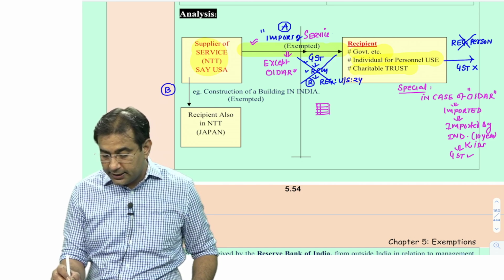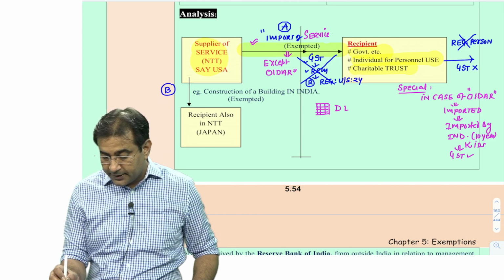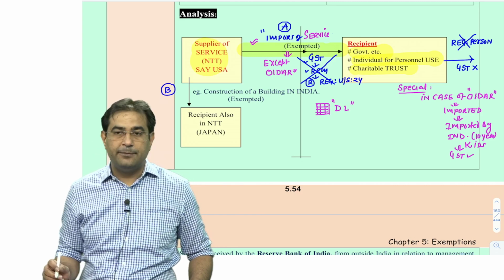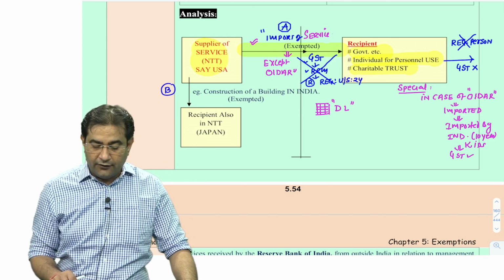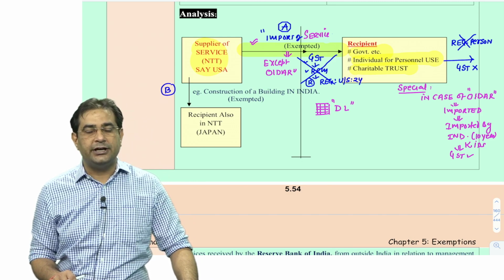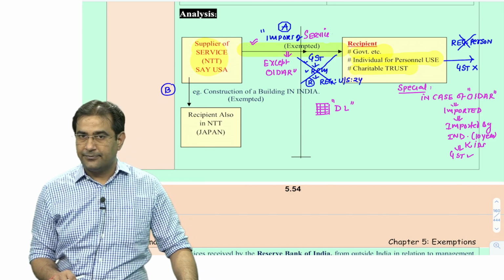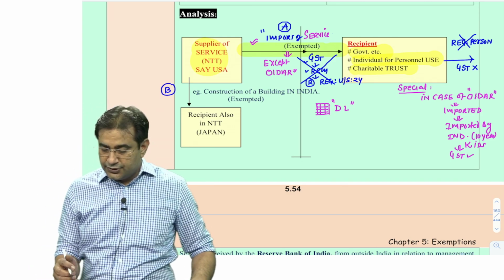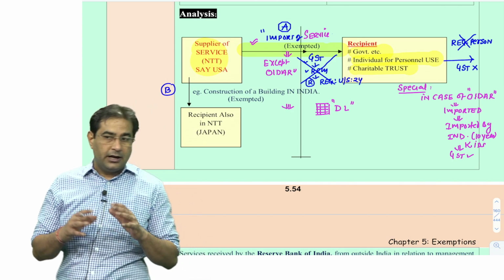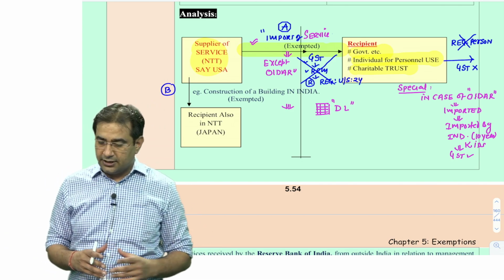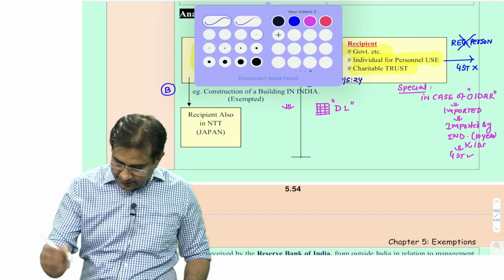Suppose a building is constructed in Delhi, that is, a USA construction company constructing the building in India on behalf of a client that is located in Japan. Right? Now, we should make a linkage of this concept to clarify each and everything in a perfect manner.